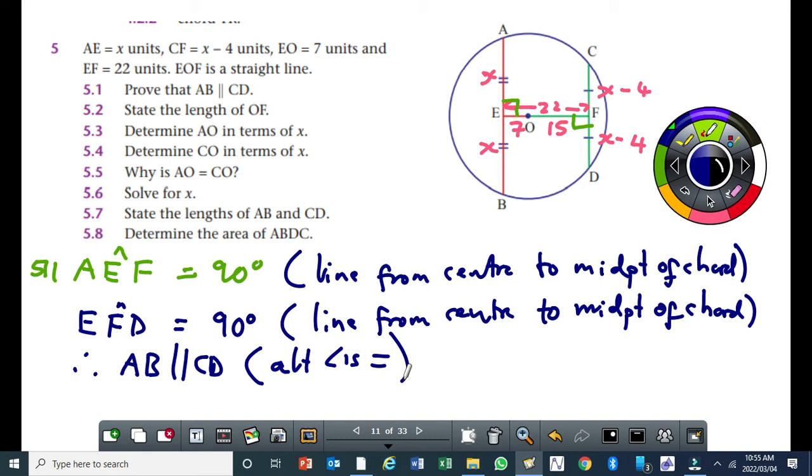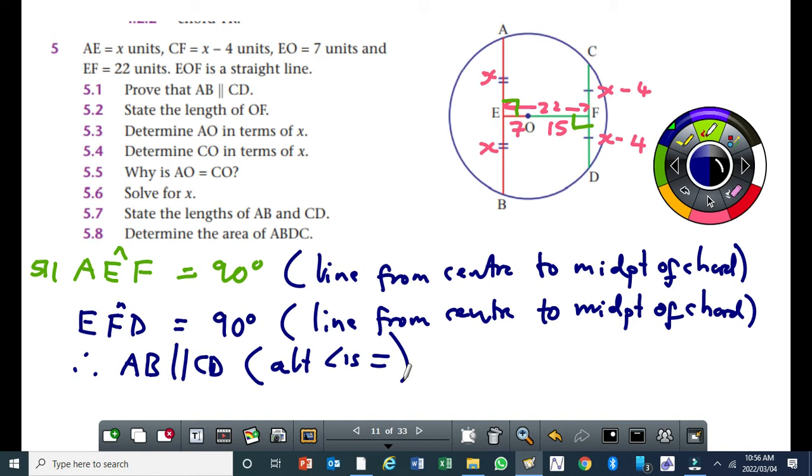Remember, if you are trying to prove that the lines are parallel, your reason must be alternate angles equal, corresponding angles equal, or co-interior angles supplementary.